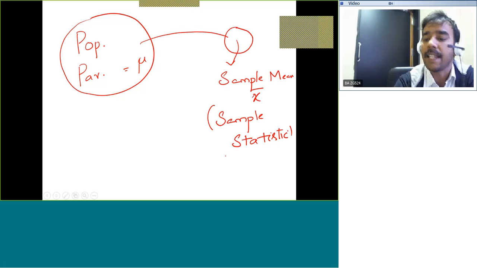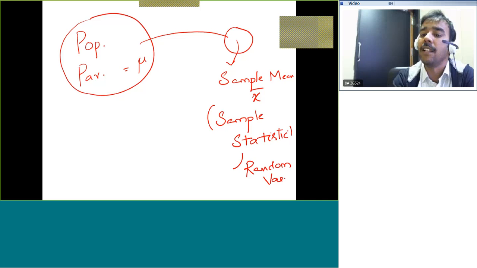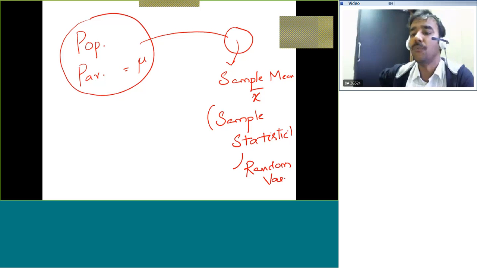That's why a sample statistic is not a constant in general. If you change the sample, the value of the random variable changes. So for a particular sample only, you will have a value for the sample statistic, in this case the sample mean.